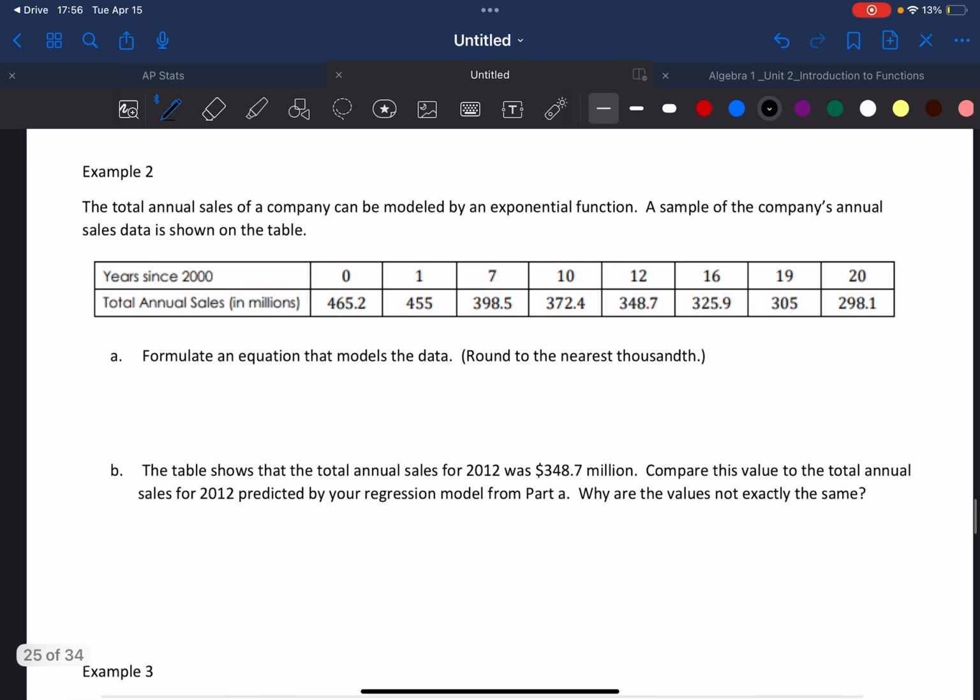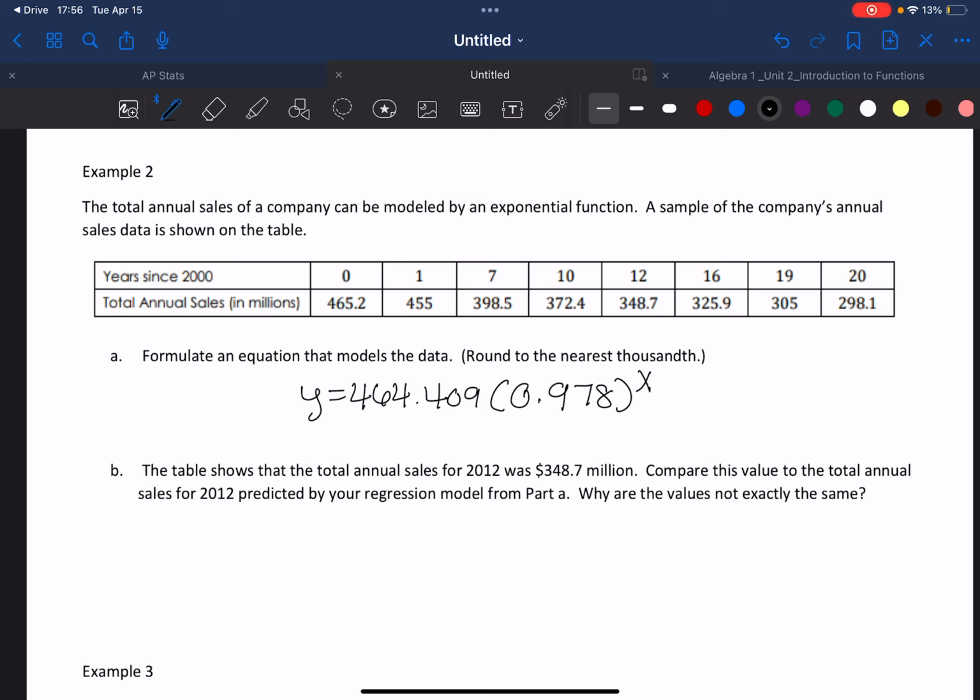Okay, number 2 says the total annual sales of a company can be modeled by the exponential function. A sample of the company's annual sales is shown in the table below. So you would follow all the steps above to find your equation, and you would get y is equal to 464.409 times 0.978 to the power of x.